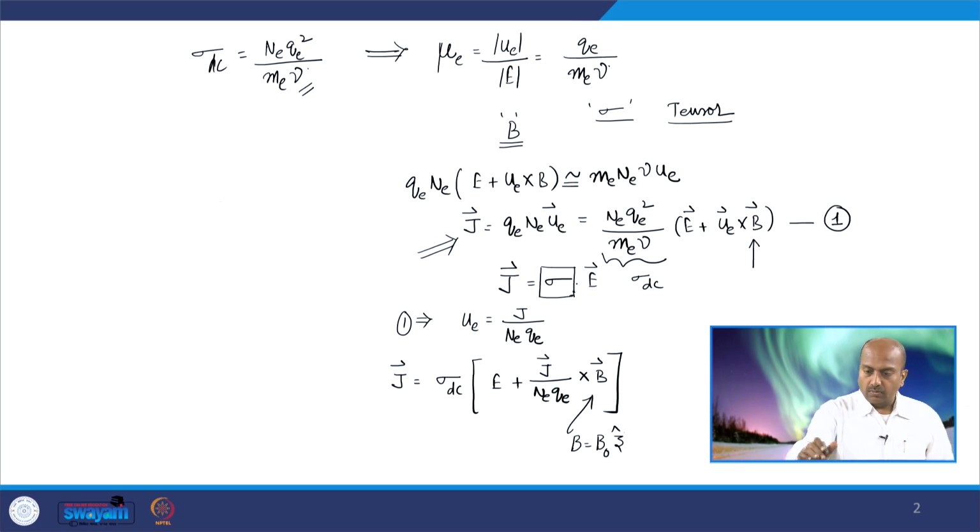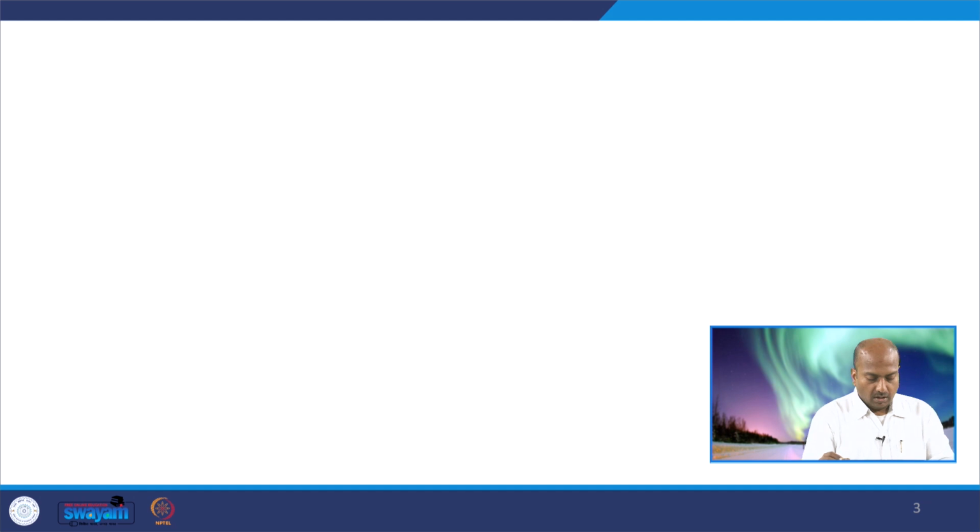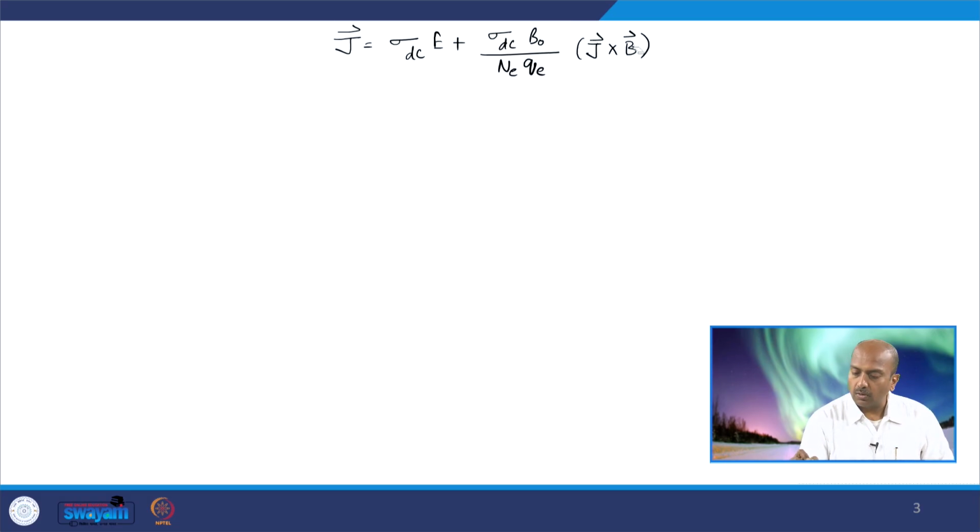So we will use this expression, and the total current, J is equal to sigma dc times the electric field plus sigma dc times B naught divided by NE QE times J cross B. So this can be written as B is B naught Z cap.